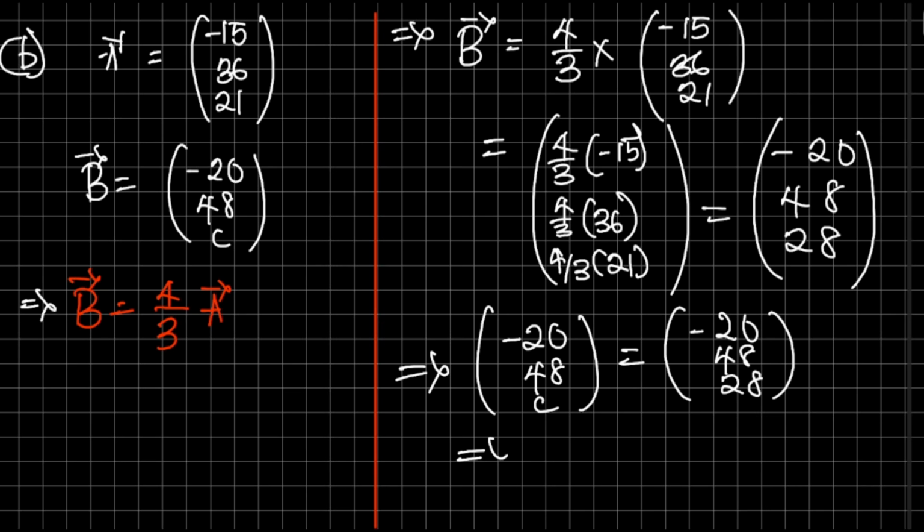Therefore c equals 28. So this is how you solve parallelity. Parallelity is a little bit more complex than equality because you have to manipulate the scalar multiplication to obtain the value. So take note, guys, this is how you solve those. 3 here, 3 here, minus 5, 3 here, 3 here, that's 12, 3 here, 3 here, that is 7.